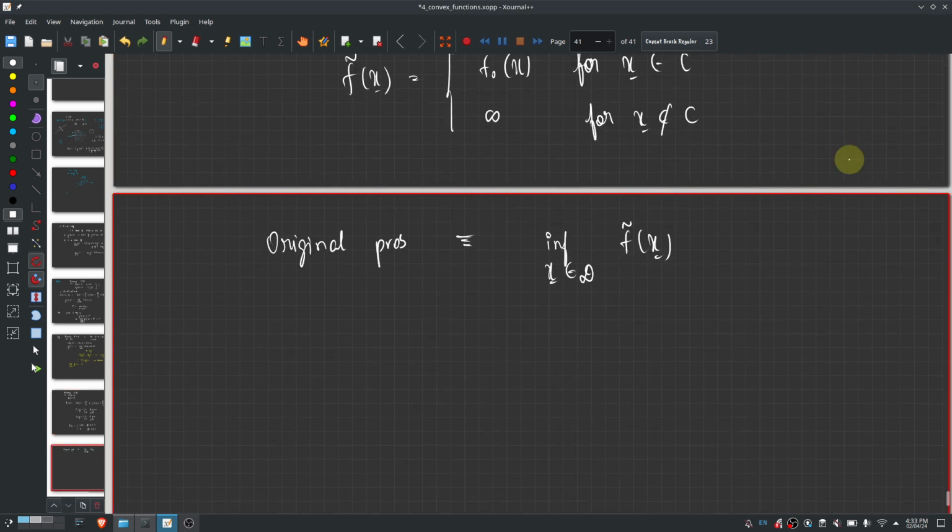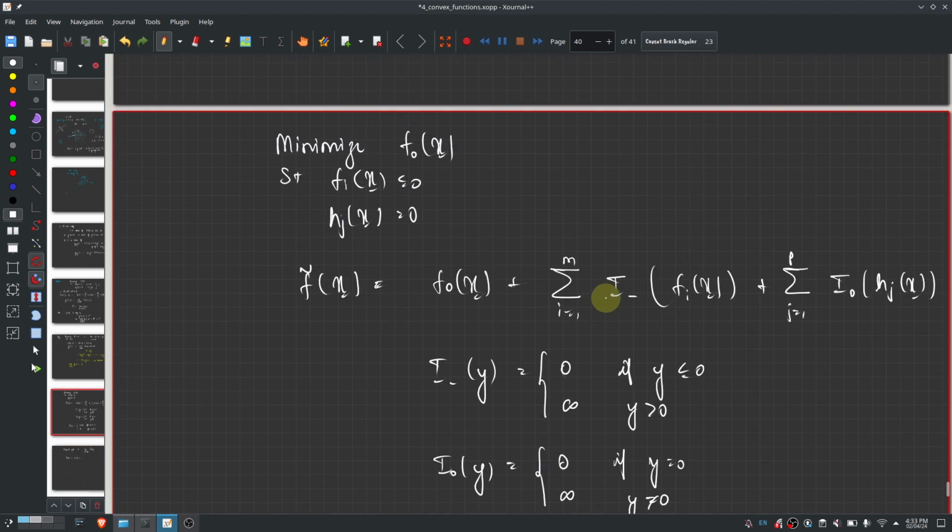And that is sort of one intuition for, I'll call this f bar of x, which is just L of x, lambda, nu. So these functions in some sense introduce penalties for not satisfying the constraints. Instead of introducing these hard penalties, we'll introduce soft penalties.